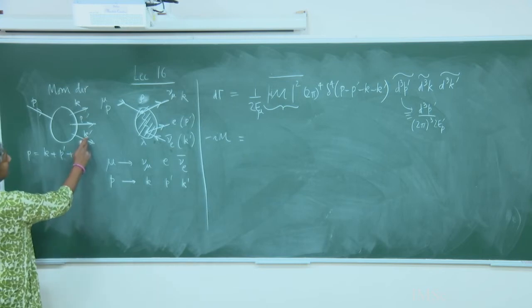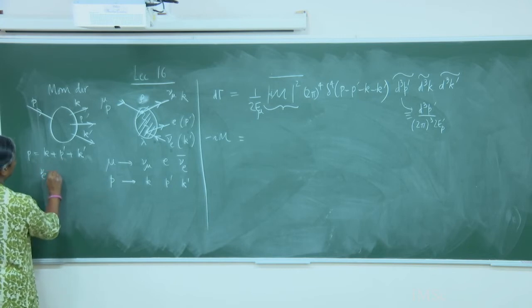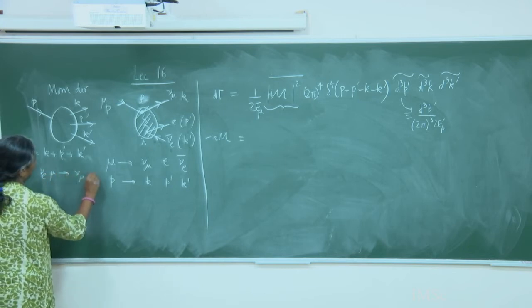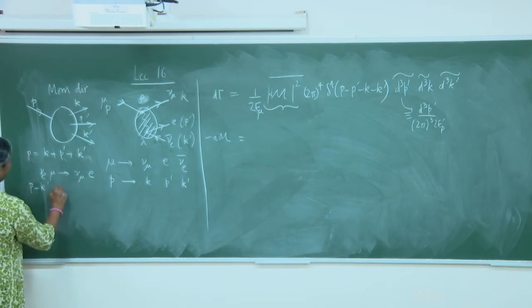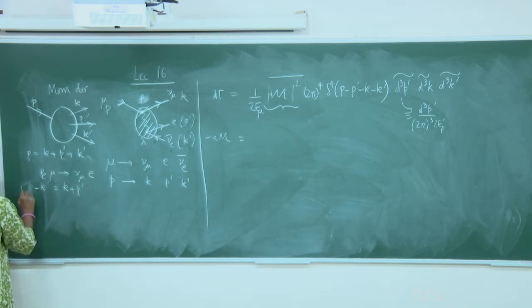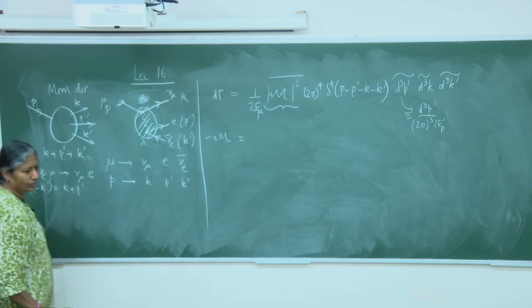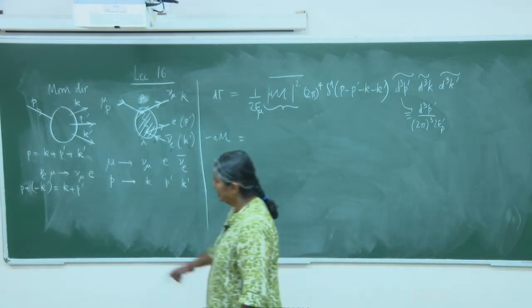I want this antiparticle nu E bar to go to the front so that I have the process nu E mu going to nu mu E. So K has to go to the other side. When K comes to this side, it is P minus K prime is equal to K plus P prime. Therefore, you can write this as P plus K prime. That's why when it went to the front, it got a minus sign. Did you understand?